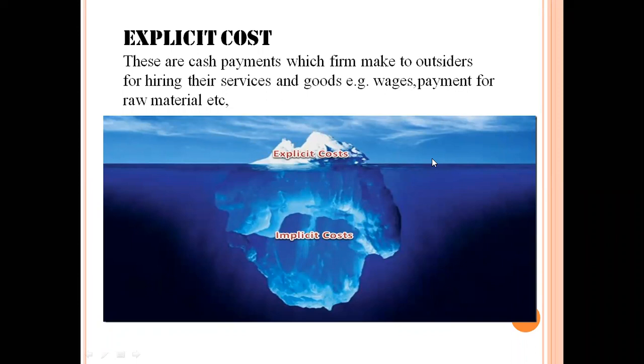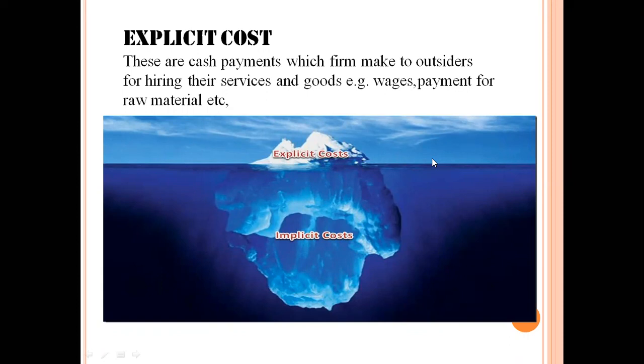Same way, I have hired labor for work. If I have hired labor for work, in that case, I am paying the wages or salaries to those laborers. That is also the outsider cost, because I'm paying the money to the outsiders. That is also an example of explicit cost. See one more example.